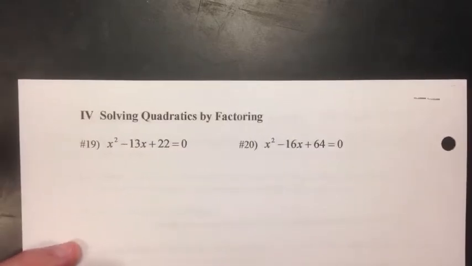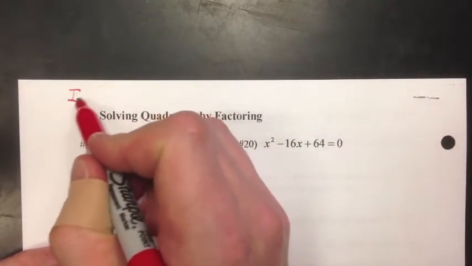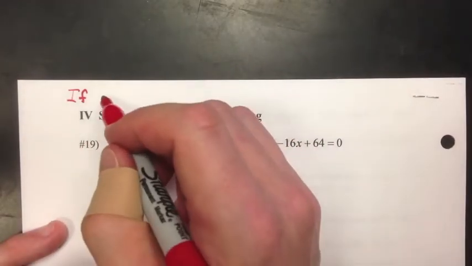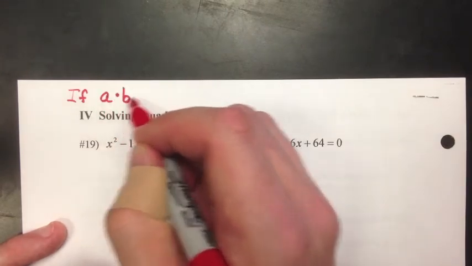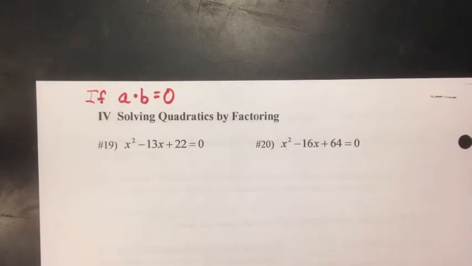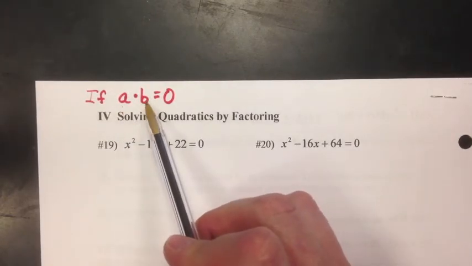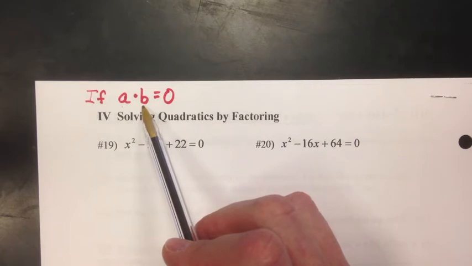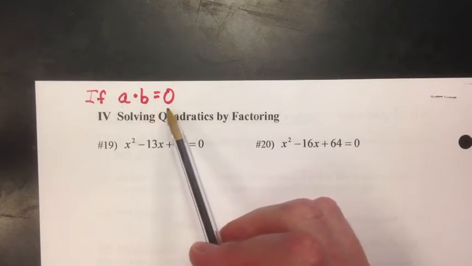Now, the idea of this, let me explain. Let's say we have an equation. It will say if A times B equals 0. Let's say you have two numbers. One of the numbers is A, one of the numbers is B, and if you multiply them together, you get 0.